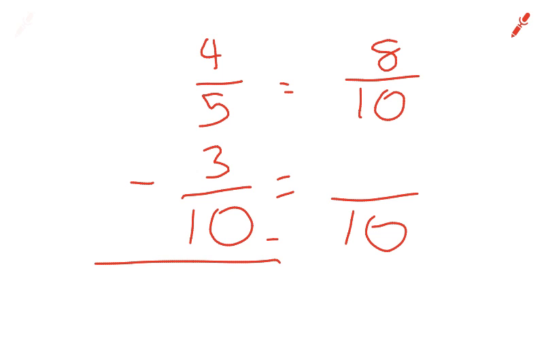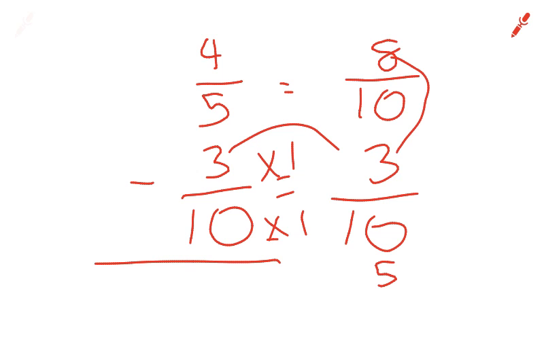Now the bottom, look, you're just timesing it by 1, so you don't really need to do anything but just bring over the 3. You don't have to do any work. 8 minus 3 is 5. And then put a 10 on the bottom.